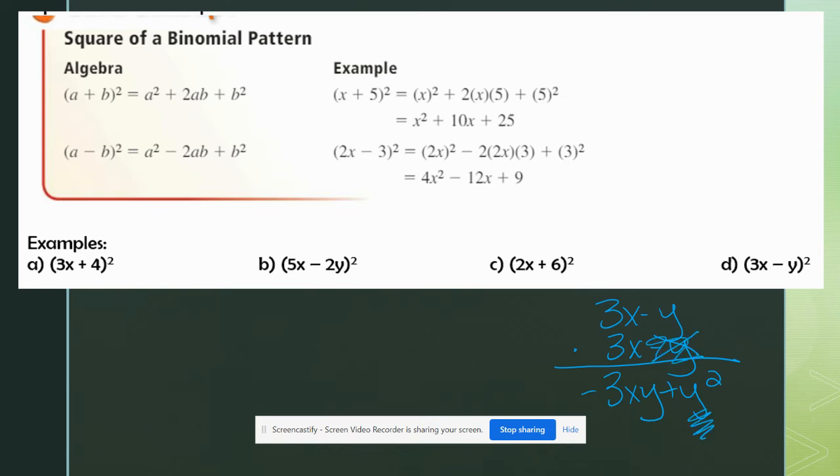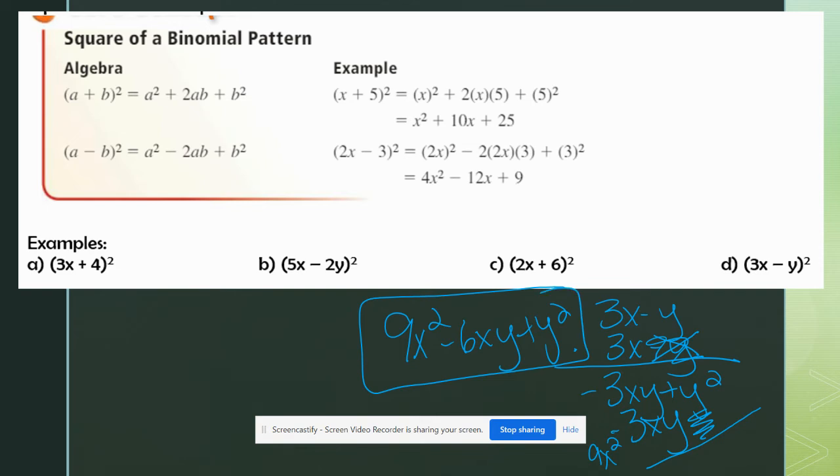Here's our placeholder. 3x times negative y is negative 3xy. 3x times 3x is positive 9x squared. We have 9x squared, negative 3xy plus negative 3xy is negative 6xy. And then we bring down that y squared. And that's our final answer.